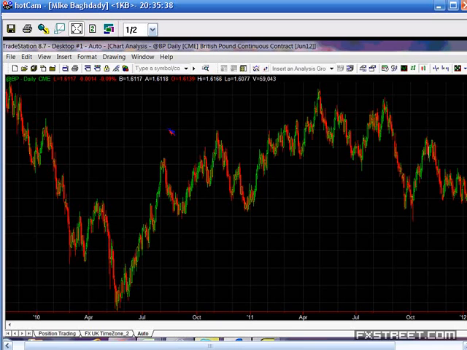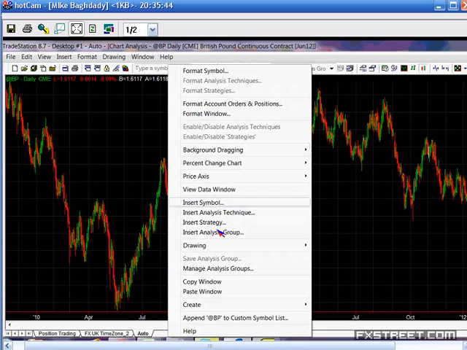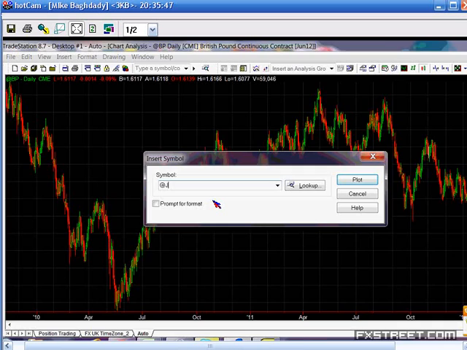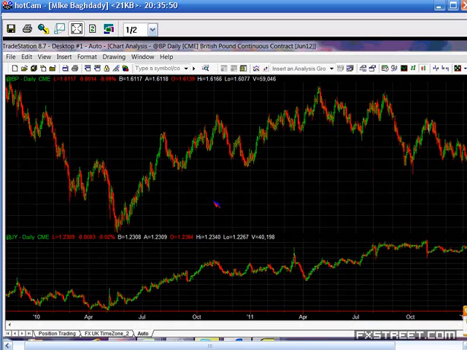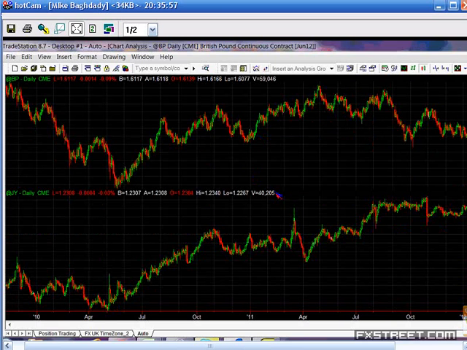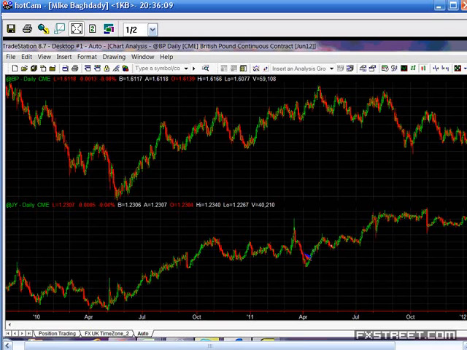If now I'm deciding to trade against it the Japanese yen, so if I insert here another symbol, and let's say the Japanese yen, and now you see two charts right in front of you. And the upward chart is the British Pound, the basket of the British Pound, and below it here is the basket of the Japanese yen.